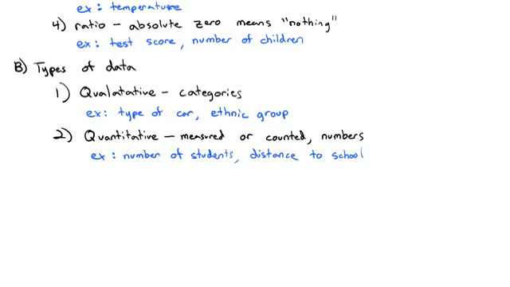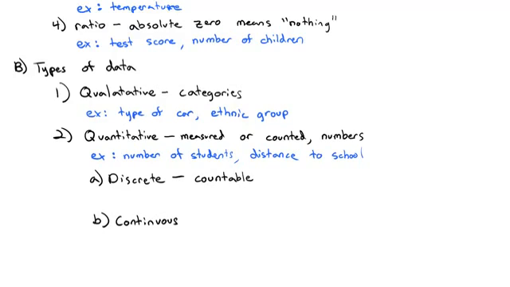Quantitative data can even be divided up further. Quantitative data can be either discrete or, leave a space, continuous. Discrete data is data that is countable. 1, 2, 3, 4, 5.